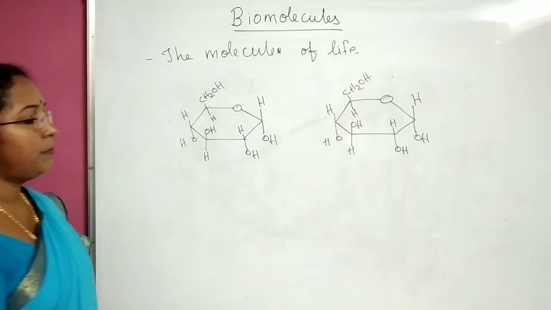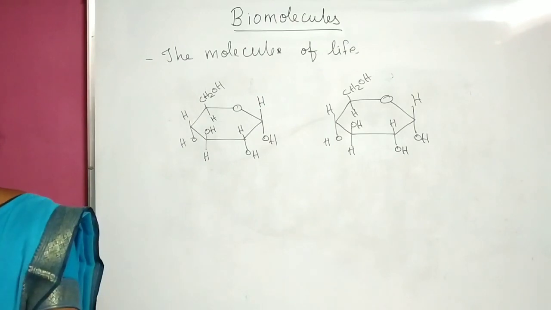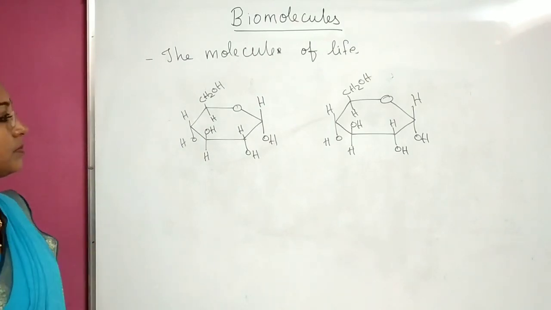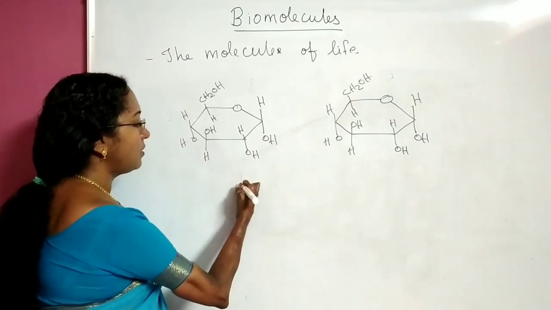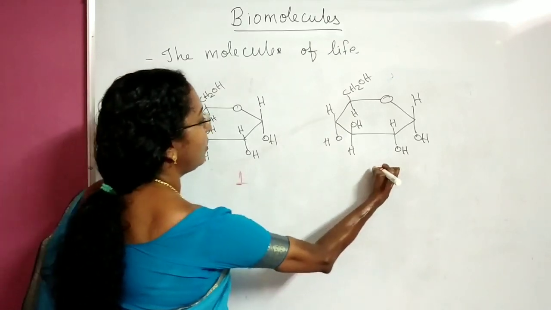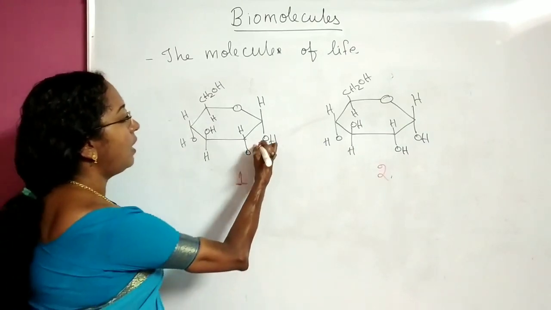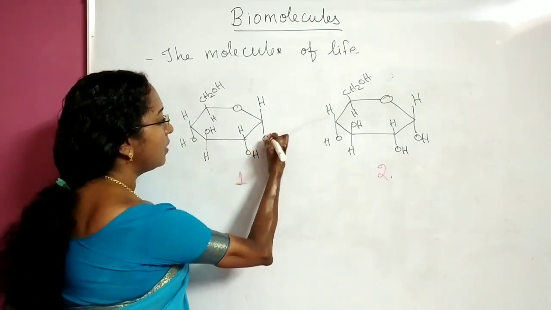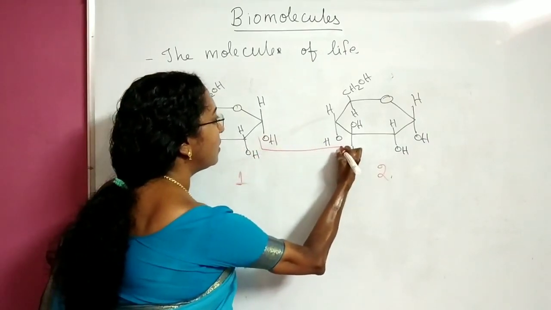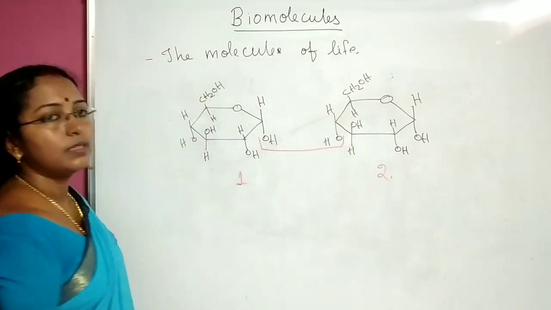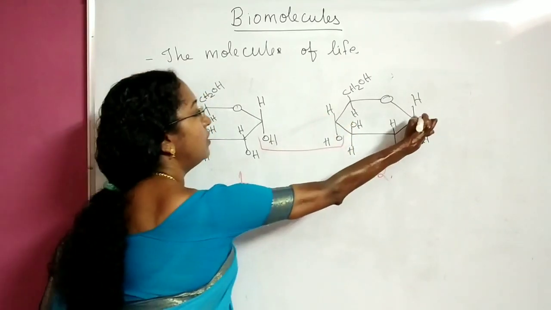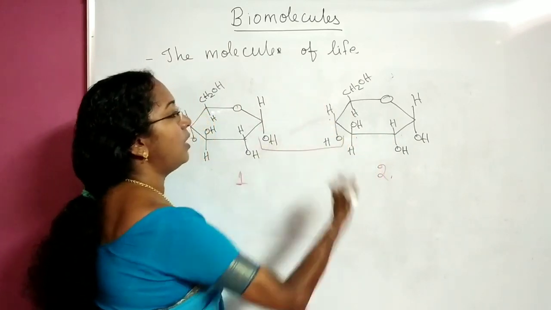Now comes the crucial part. I am going to link this first glucose with the second glucose. How? First carbon of this glucose, and which carbon is this? Number it. 1, 2, 3, fourth carbon.